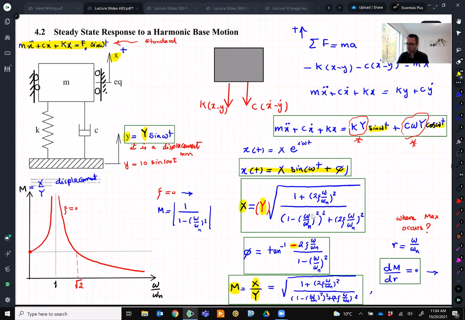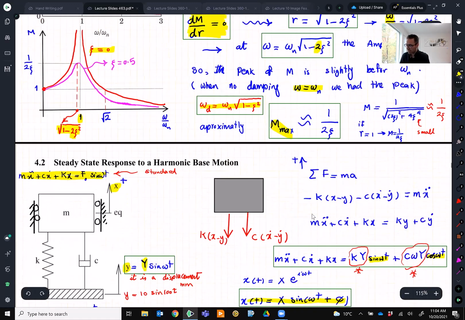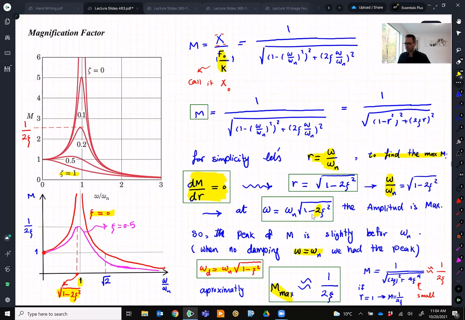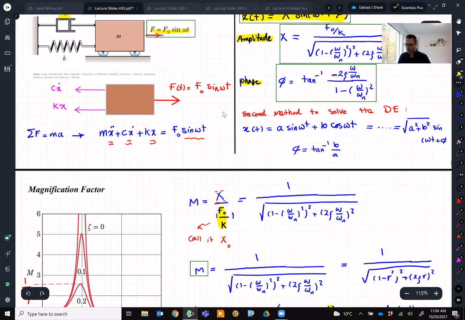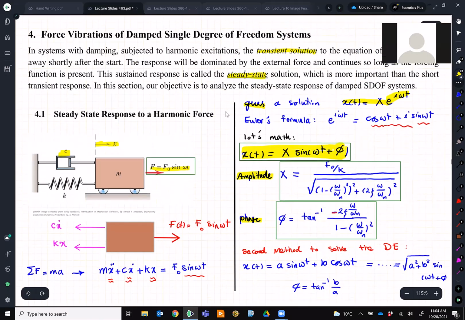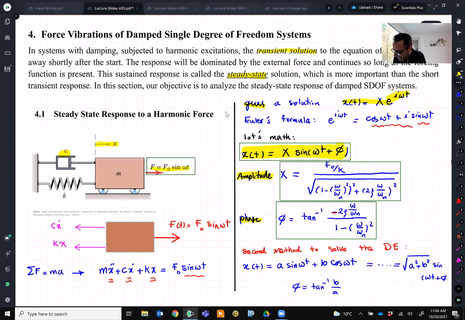Like, for example, if I go one slide back over here, okay, so m has this form for a question which is not a base motion. Will we ever have to derive the formula for m, or will these be set cases for each one? No, you don't have to derive it.